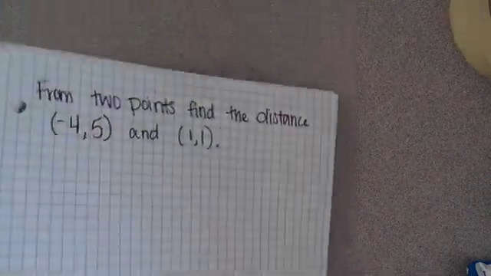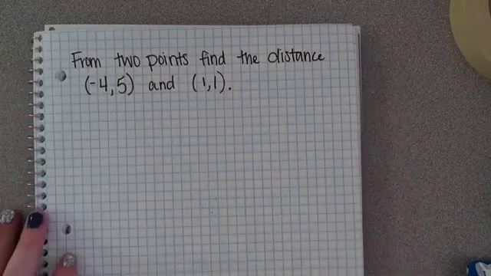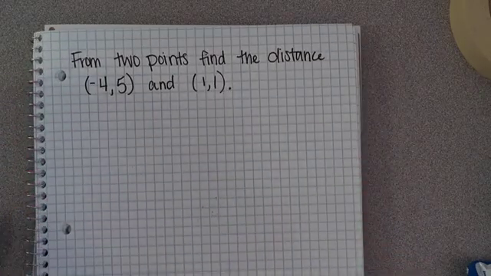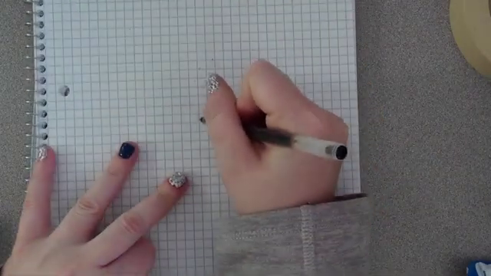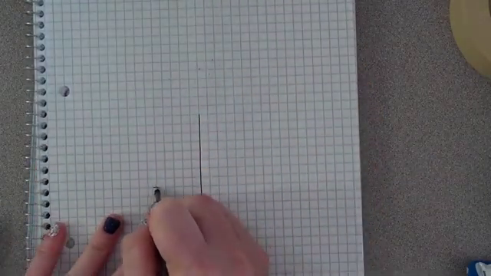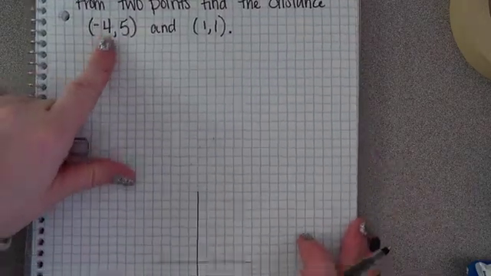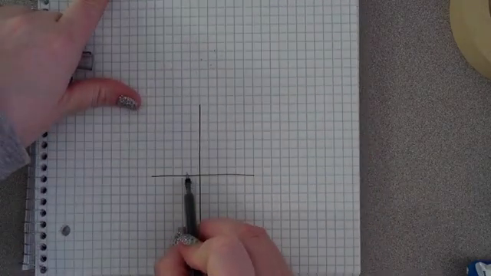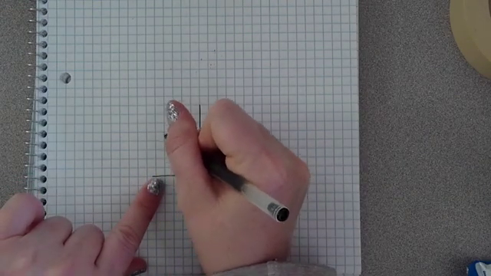All right, let's do the next one. So this one, I'm going to show you one method, but you can always draw the X and Y axis. We're going to go to -4, 5, so 1, 2, 3, 4. 1, 2, 3, 4, 5.